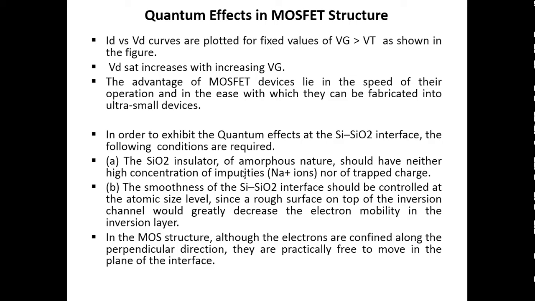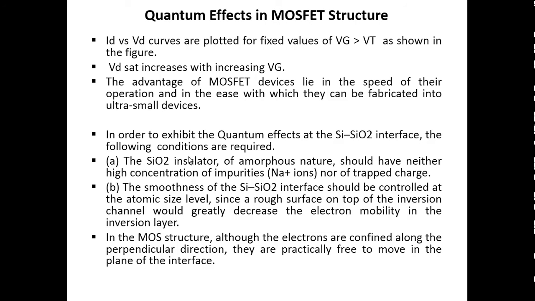Then the second thing is the smoothness of the Si-SiO2 interface, that is the interface between the silicon substrate material and the silicon oxide gate material. The smoothness of that interface should be controlled at atomic size level, since a rough surface on top of the inversion channel would greatly decrease the electron mobility in the inversion layer.